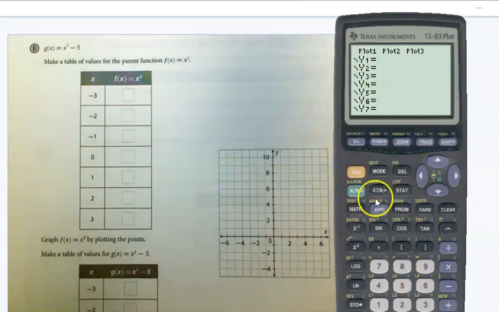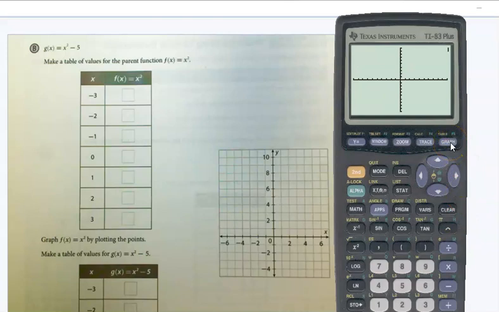Oh, I actually could have just let this stay because I need the parent function as the first one. And then x squared minus 5 is the second one. There's the parent, and there's the new one. And you can see the vertex has dropped down to (0, negative 5).